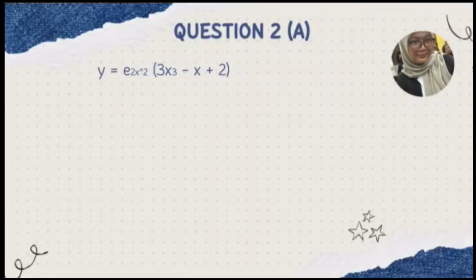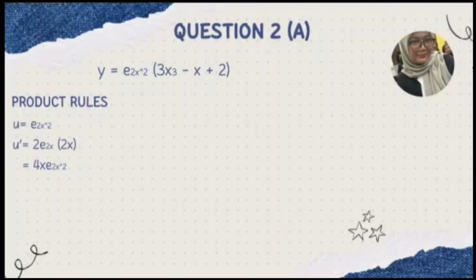Question 2a. Find dy over dx for y equals e to the power 2x squared multiplied by 2, open bracket, 3x cubed minus x plus 2, close bracket. For this question, we will be using the product rule. Firstly, you need to separate an exponential u and a polynomial v.